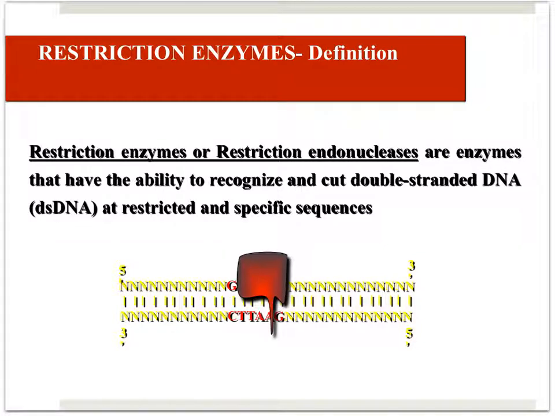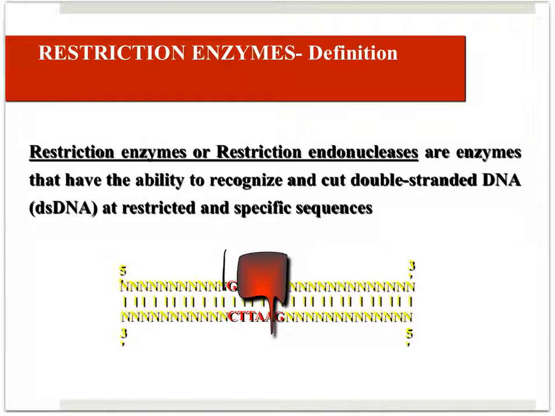So, what are these restriction enzymes or restriction endonucleases? These are enzymes that have the ability to recognize, and that is the key thing, recognize targeted specific short sequences, and they cut at that site, not just randomly shearing the DNA. So as scientists, we can use them for targeted purposes.